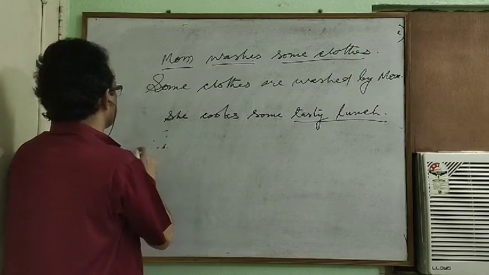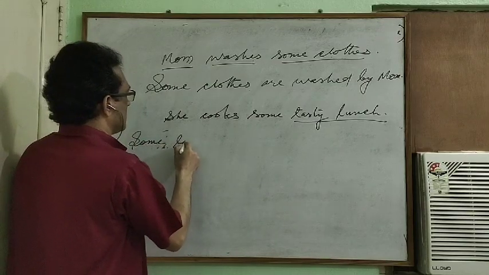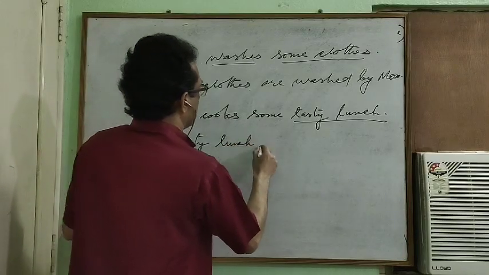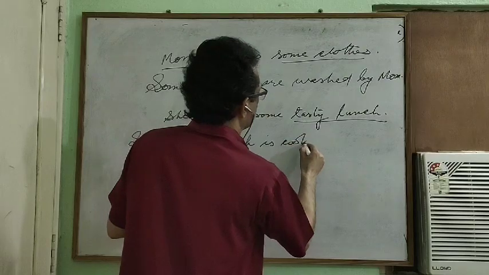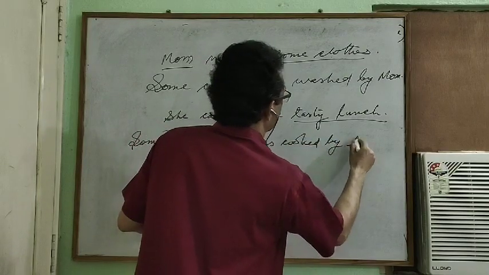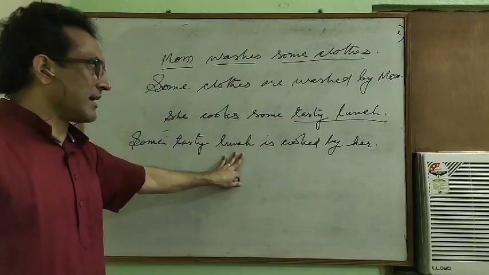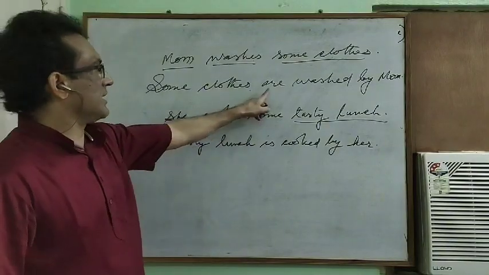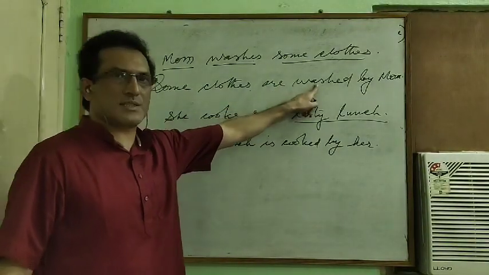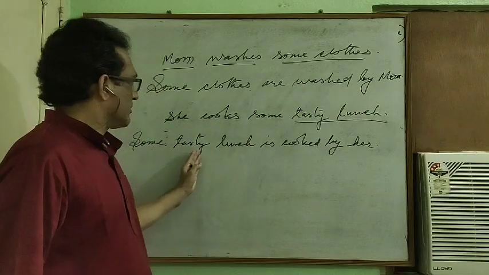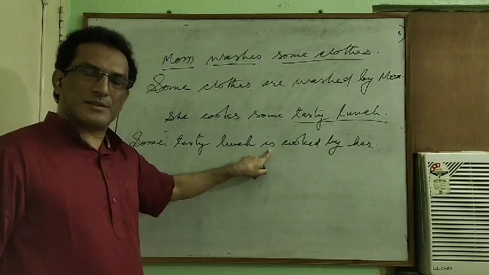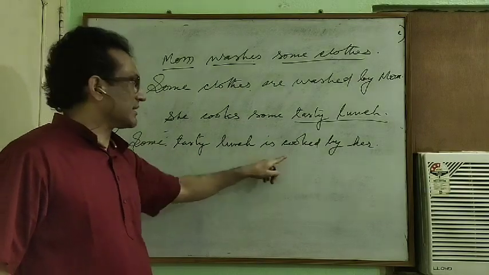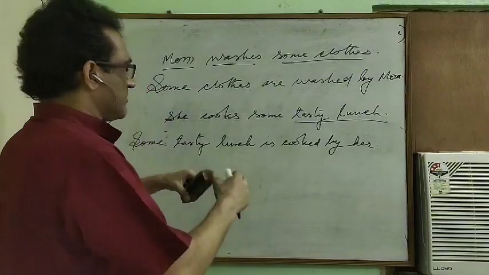So some tasty lunch is cooked by her. Some tasty lunch is cooked by her. So this is about simple present. So here form of be, the present form plus verb 3. Here also form of be in singular agreeing with third person singular, and then verb 3. Verb 3 means past participle form.